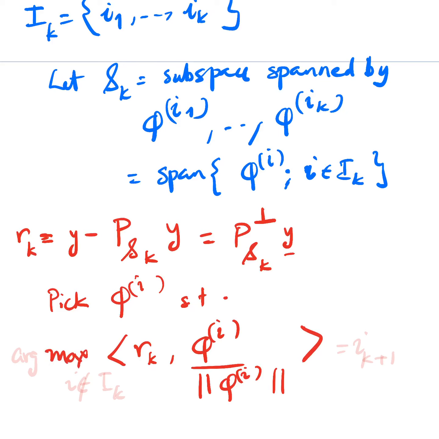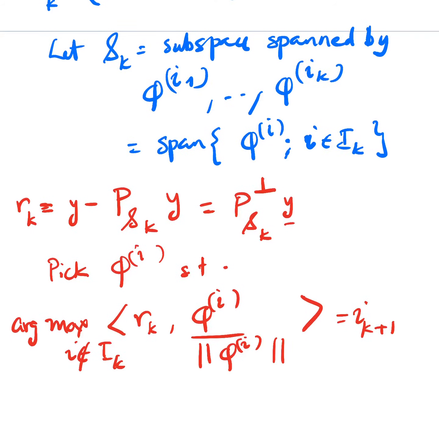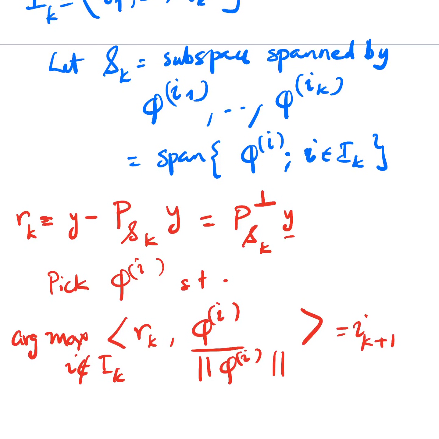So arg max over I not in the current set Ik, and that is my Ik plus 1. So that's orthogonal matching pursuit. And again, when you add the new column, you might want to use Gram-Schmidt to maintain an orthonormal basis, and that's how you go along.